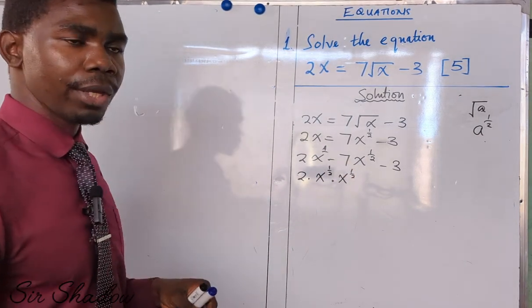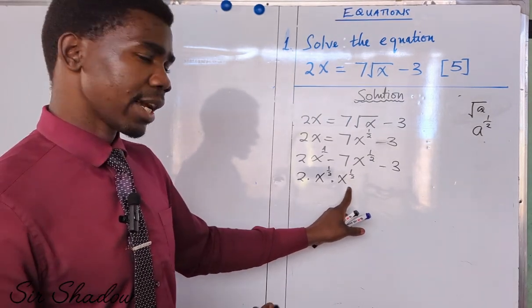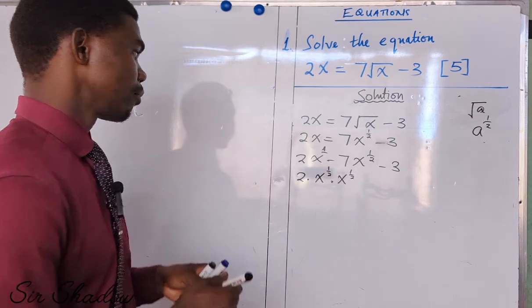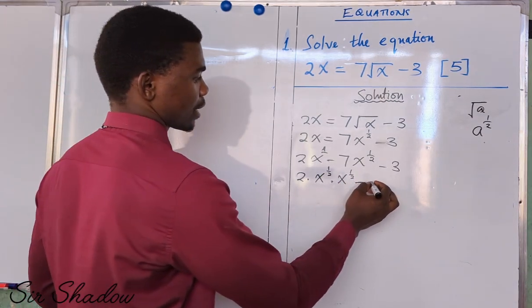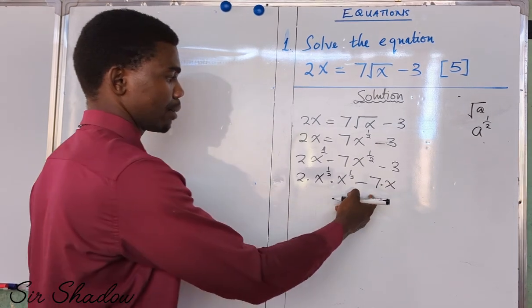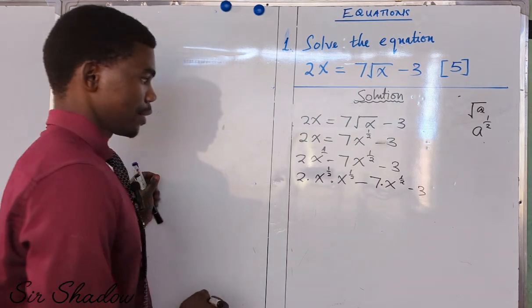Remember, we are applying the laws of indices: x times x, the bases are similar, and during multiplication we add the powers. We should maintain this. Minus 7, let me just use this full stop representing multiplication, to the power half, minus 3.